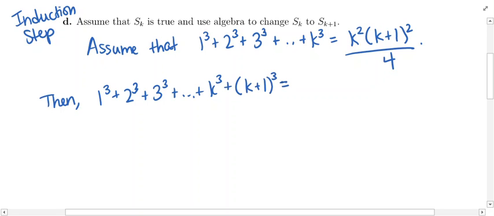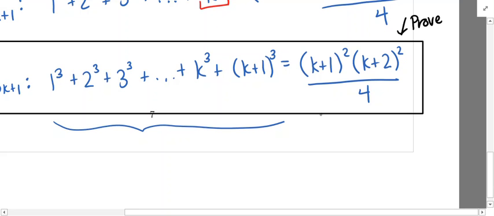What is that equal to? That is the left side of the equation. Again, you cannot just jump to the right side and write it down. You have to start here and use your assumption and then use algebra and work it until you get the right side. Only then are you done.